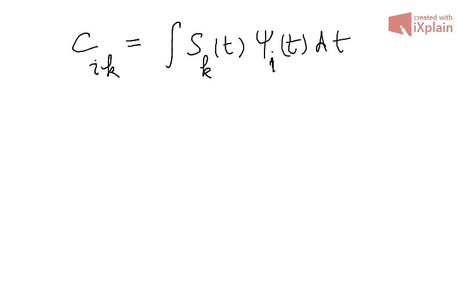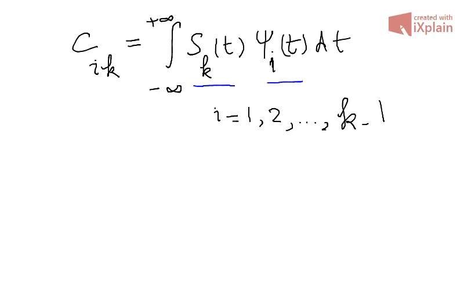So in general, we can write a generalized expression for Cik, where i goes from 1, 2, up to k minus 1. Cik gives us the image of the kth signal over the ith basis function.